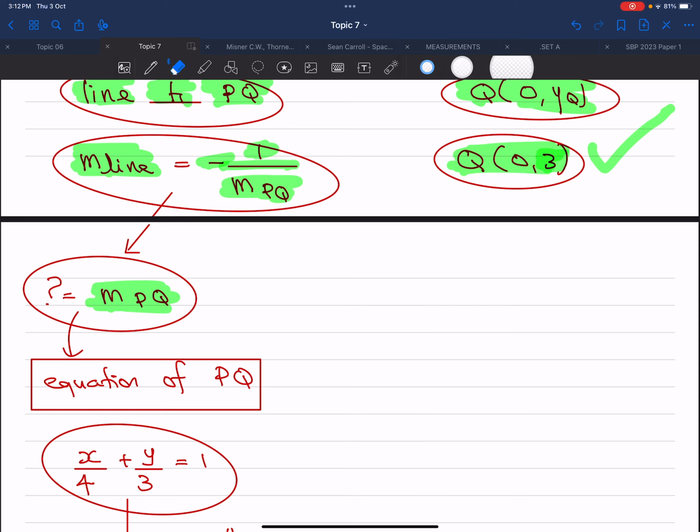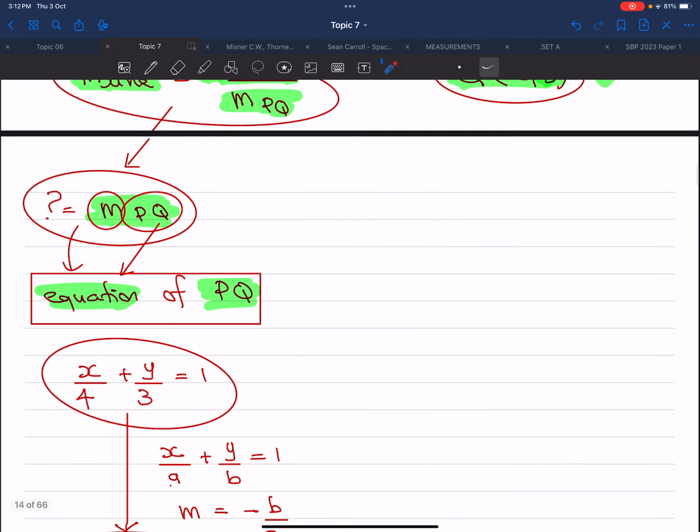To find the gradient of PQ, I go to the equation of PQ given in the question, x over 4 plus y over 3 equals 1.